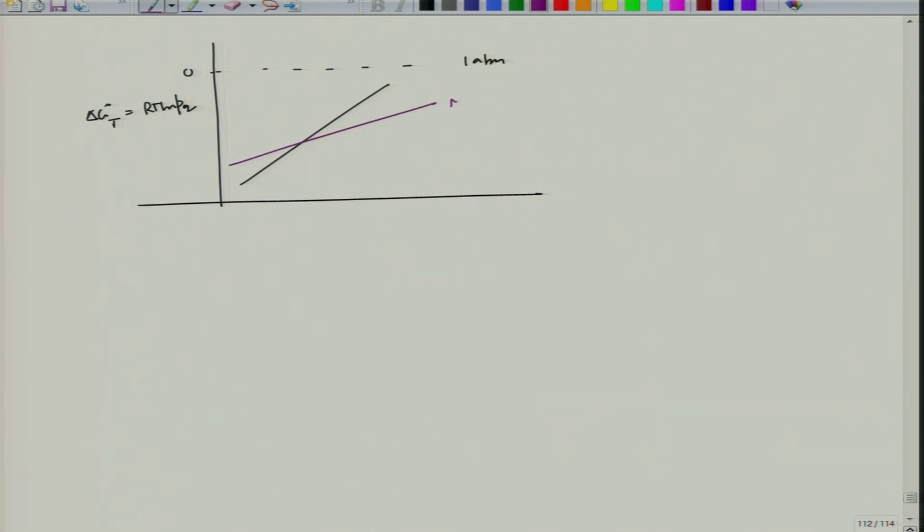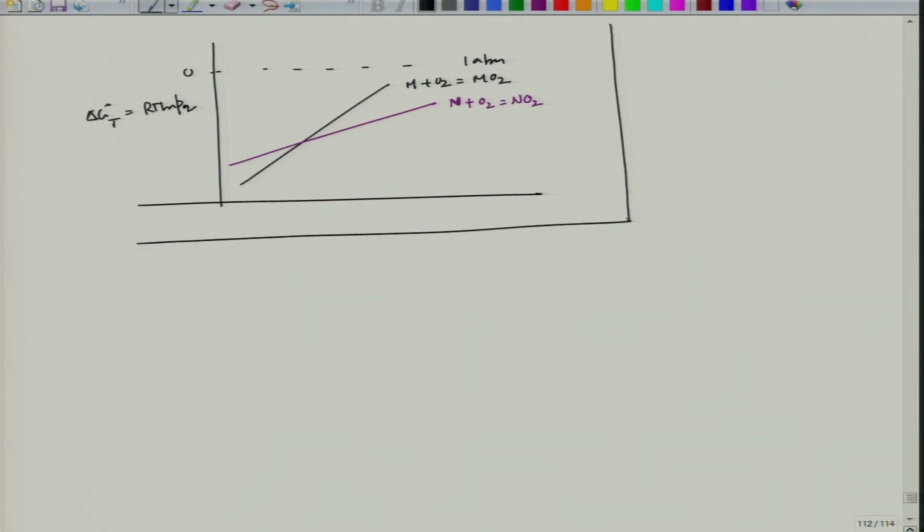In this case, this is N plus O2 equal to NO2, another case it is M plus O2 equal to MO2. Now, oxide scale is this one, this is PO2 scale.